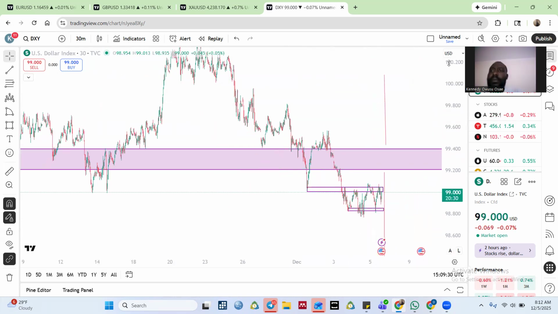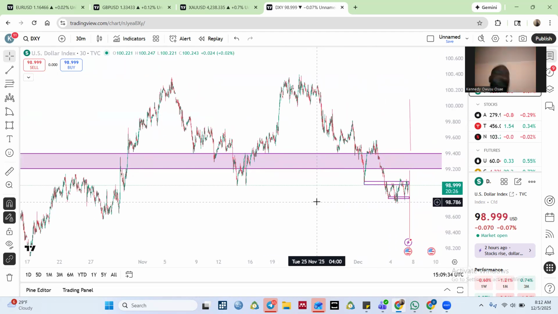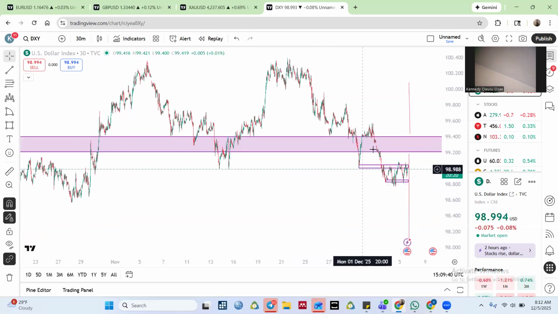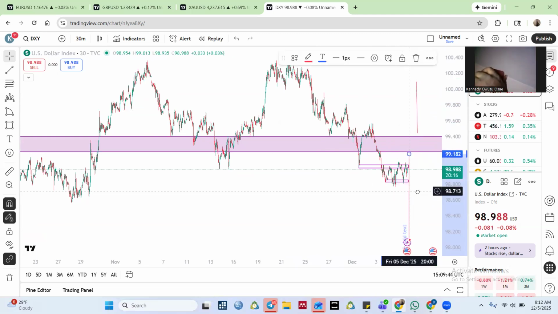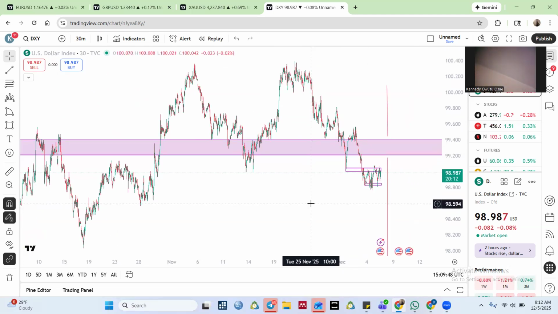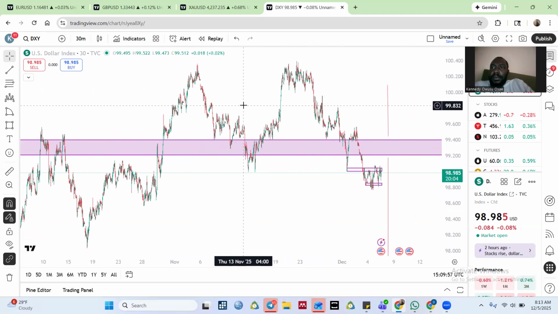There is a correlation between the dollar index and Euro USD. The dollar index turned upside down is what Euro USD represents. The correlation is negative between them, so if the dollar index is bullish, you would find Euro USD to be bearish.